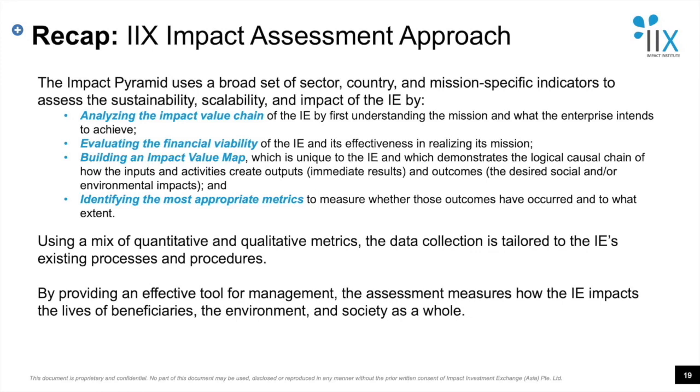And then looking at the metrics: how do you find the right indicators in terms of the stakeholders you're working with to capture the change that's happening in their lives, or even the change that's happening with that environmental issue or process. So it's really a mix of quantitative and qualitative metrics and data collection, etc. But it all starts with a framework and understanding the framework.